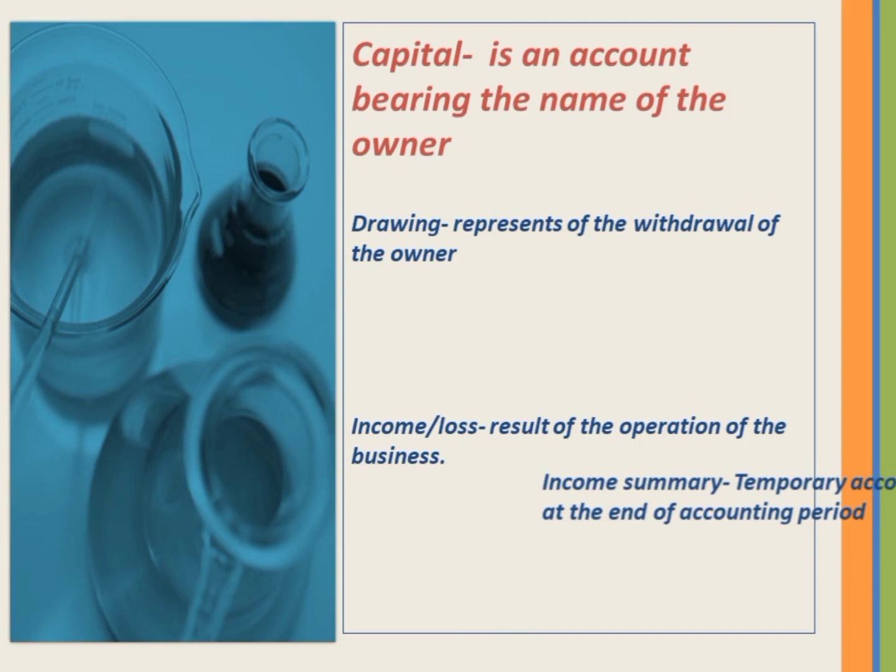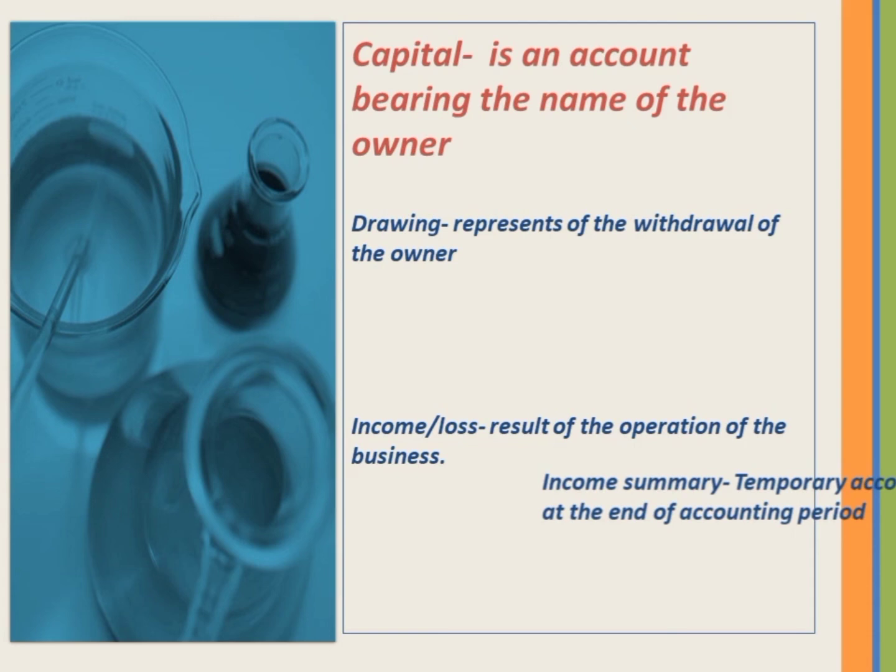This is when we see if the business is earning or losing. For example, at the end of the accounting period, we prepare the income statement for the year. We will have the result of how much the company earned for the period or lost.